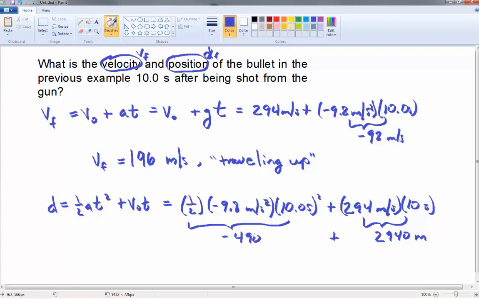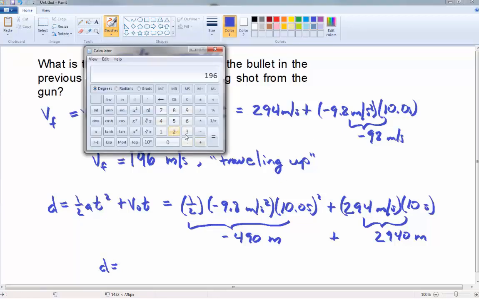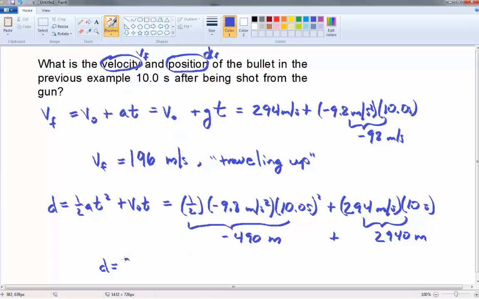So the total distance is going to be this negative 490 plus 2,940. So you get 2,450. So the total distance is 2,450 meters. So that is how far above, and this right here is how fast it's traveling at this point in time.